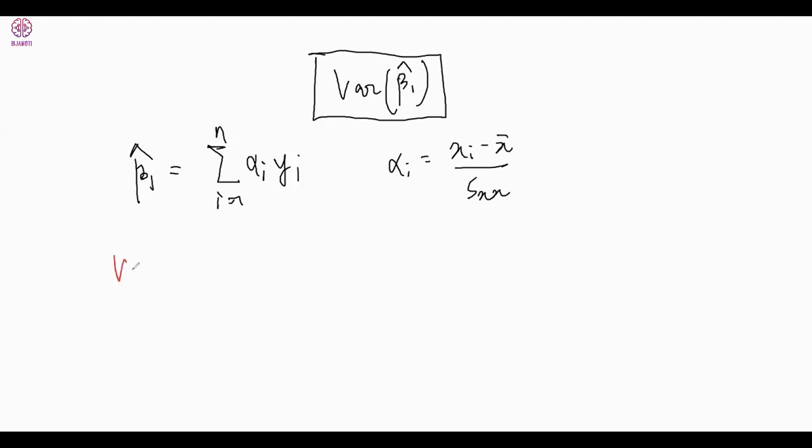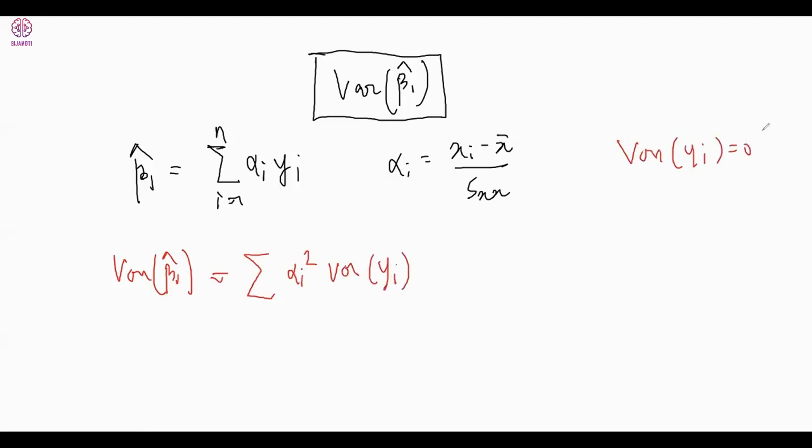Now it's a simple step. All the yi's are independent, remember that, because the epsilon i are independent, therefore their covariance is 0. The variance will therefore be the summation of alpha i square times the variance of yi. The variance of yi is sigma square, because epsilon i has variance sigma square and xi is a constant.